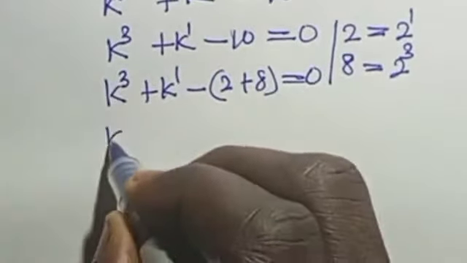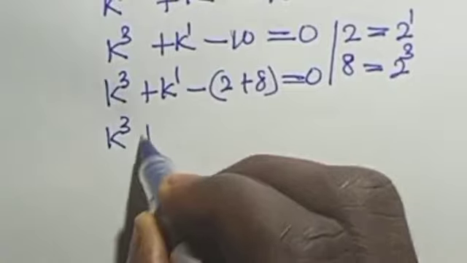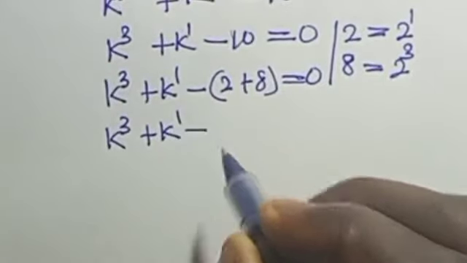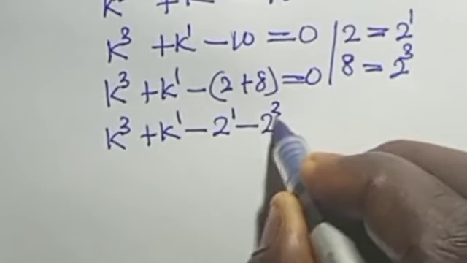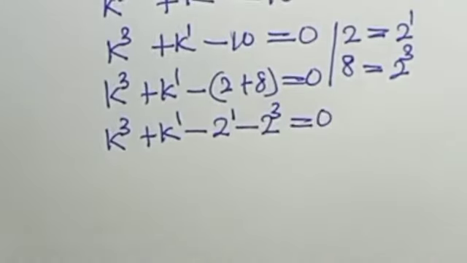So k raised to power 3 plus k raised to power 1 minus 2 raised to power 1 minus 2 raised to power 3 is equal to 0.